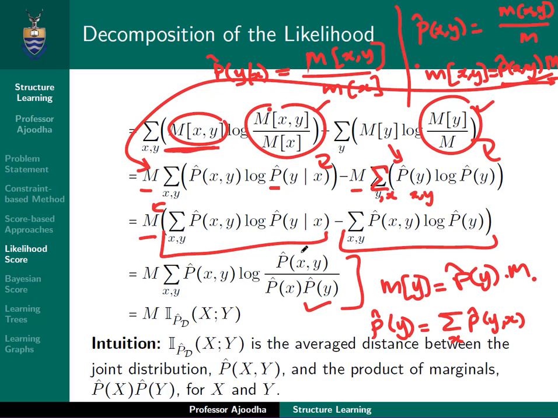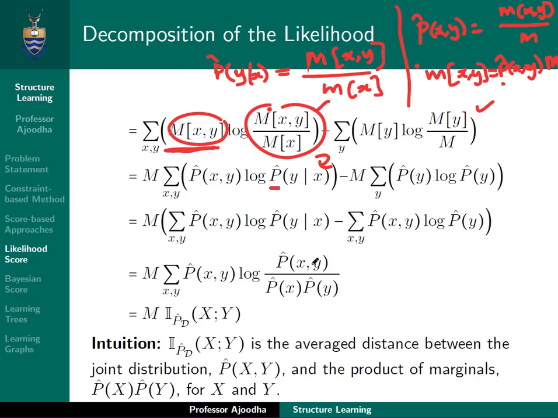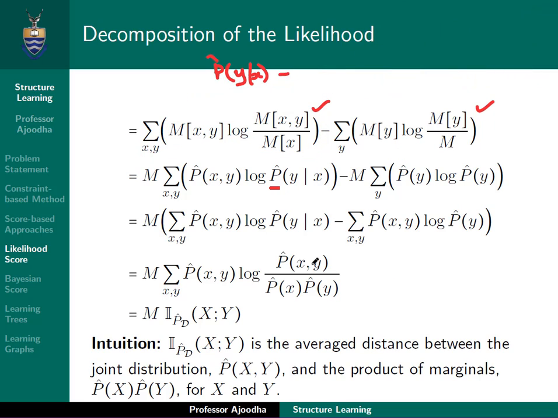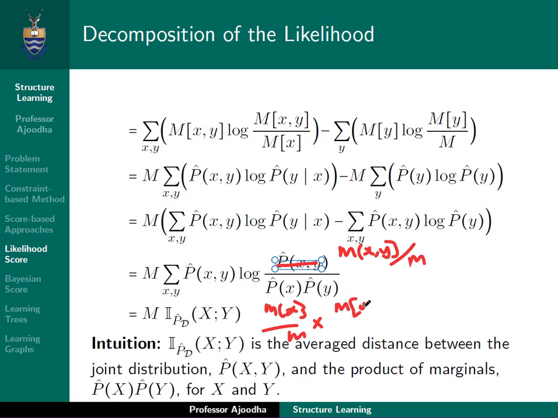And if I then replace this, just to make it crystal clear in your head, if I take this out here and put in m of x, y over m, and then here I have m of x over m, and then multiply by m of y over m. Then that looks familiar.